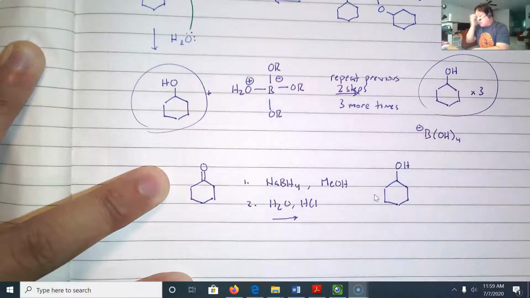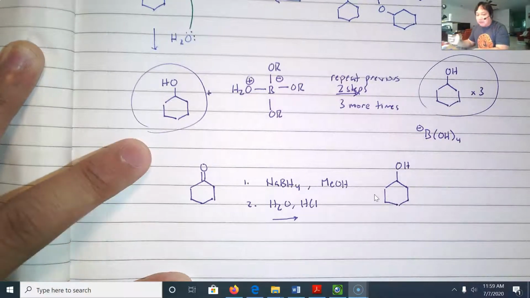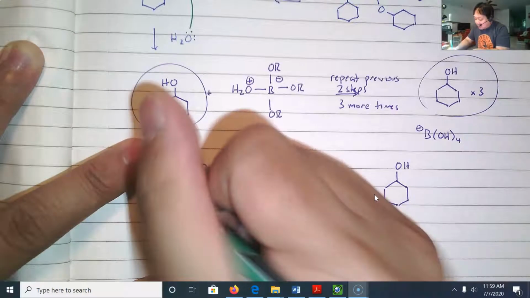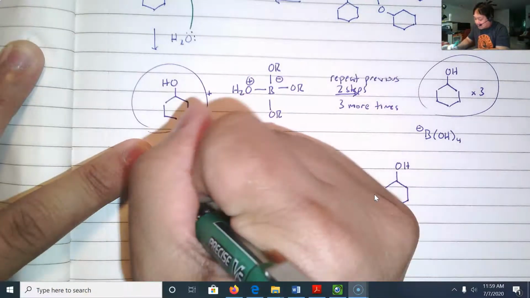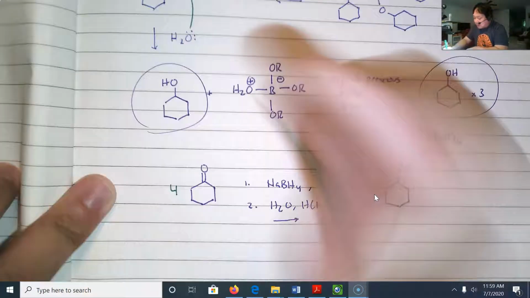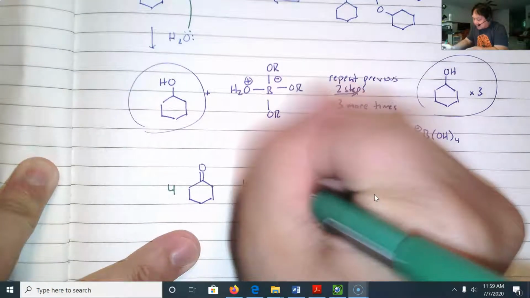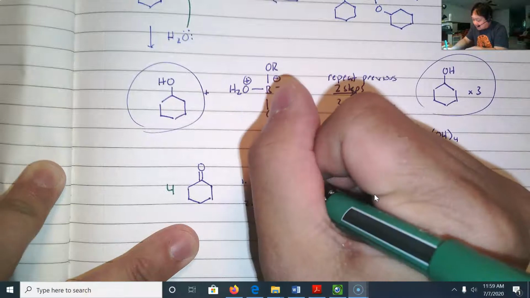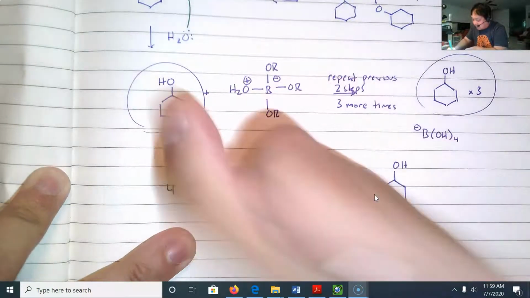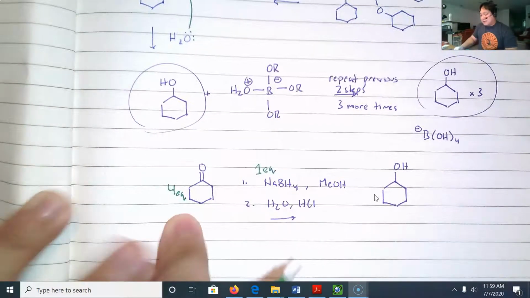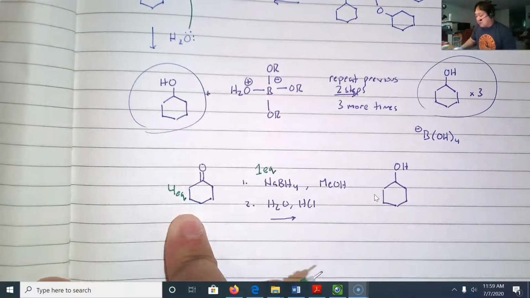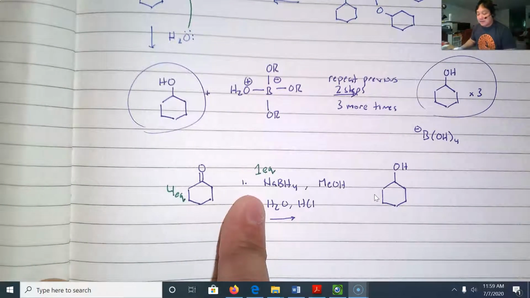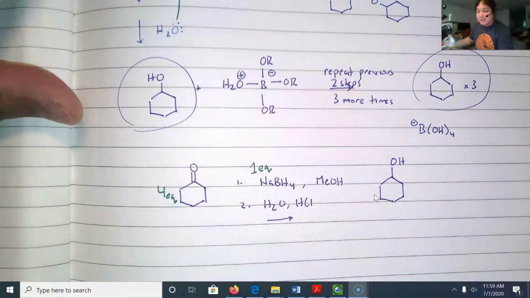You really do react 4 of these cyclohexanone molecules with only 1 of these, sodium borohydride. The way we could show that, if you want to, is call it equivalence: 4 parts of the cyclohexanone to 1 part of the sodium borohydride. All right, that is the mechanism.